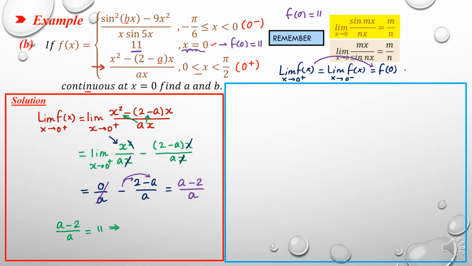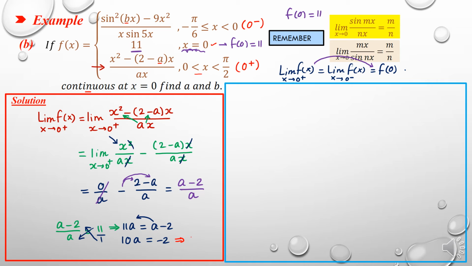You have to put 11 over 1, and you have to do cross multiply. 11a equals 1 times a minus 2, which is a minus 2. Now you have to move a to the left hand side. You will get 11a minus a, you will get 10a equals negative 2, and after that you have to divide by 10 both sides.